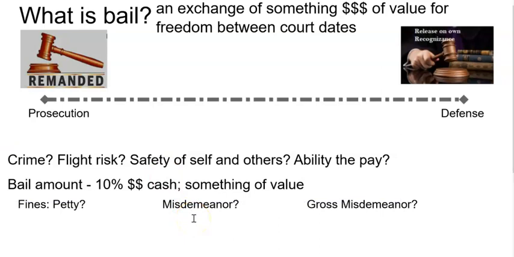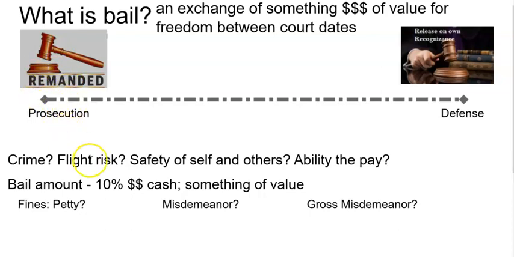Now, we've seen situations where the prosecution says, I want this much for bail, and the other side says, well, that's ridiculous. We do have the extremes. On one extreme, the prosecution may request that the defendant be remanded.